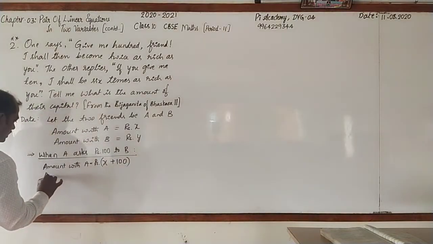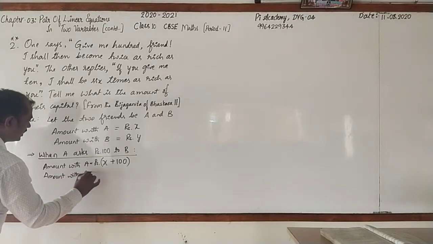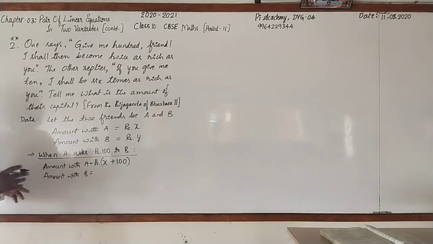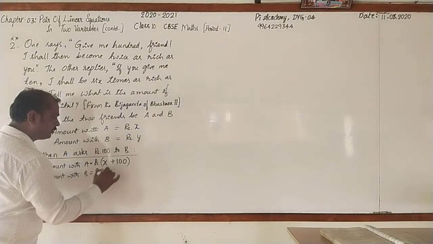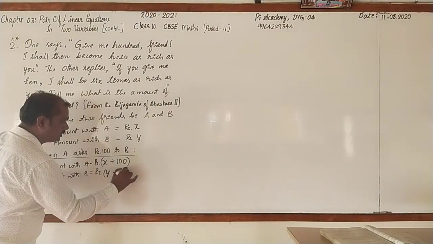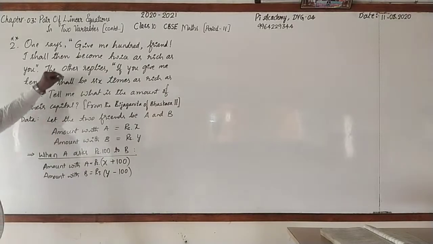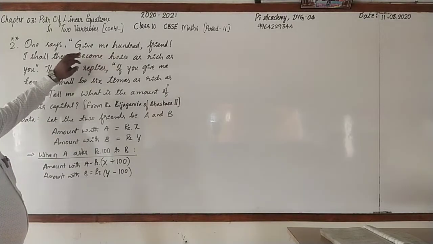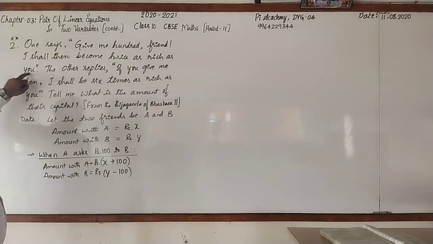Similarly, the amount with B: what happens when B gives 100 rupees to A? He has Y rupees and he lost 100 rupees, that is, he has given 100 rupees to A, hence it will be Y minus 100. See that, give me 100, then I shall become twice as rich as you.